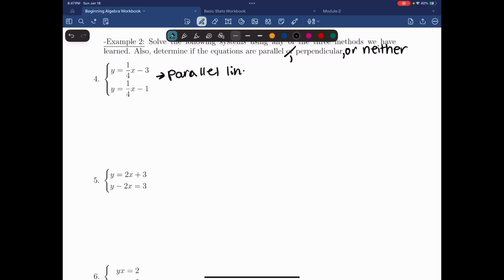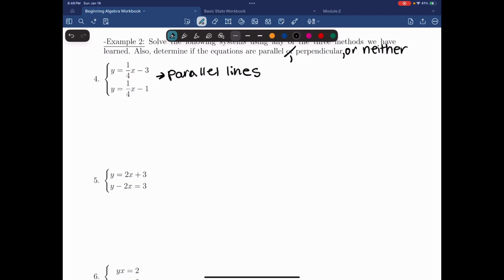And do parallel lines ever intersect? No, they don't intersect. So this system doesn't have a solution. But let's say we couldn't tell that right away.